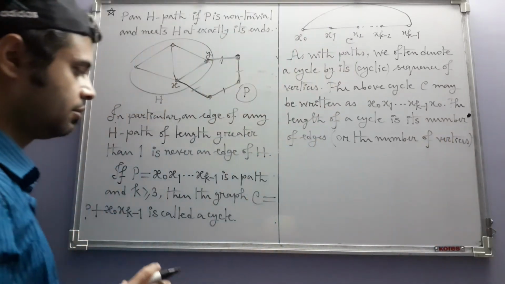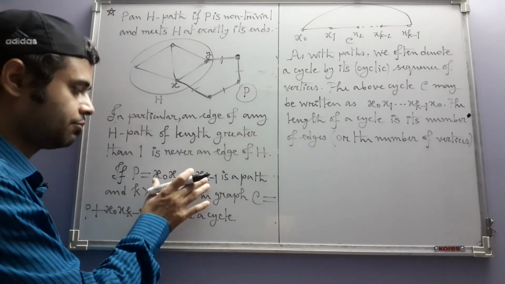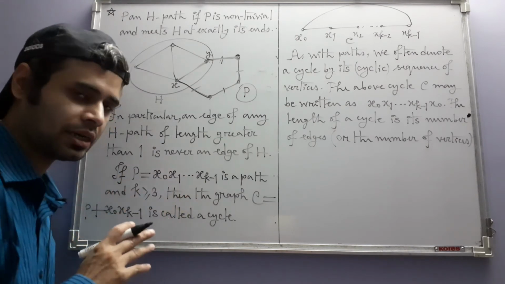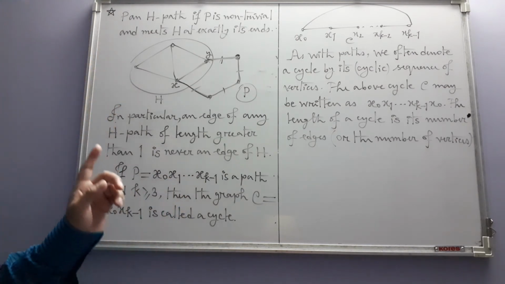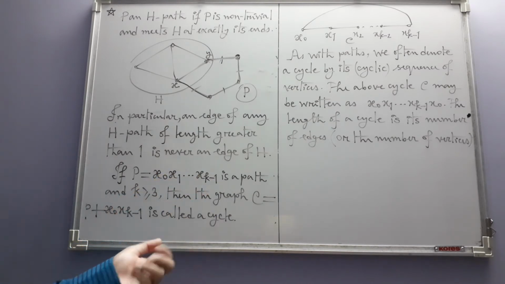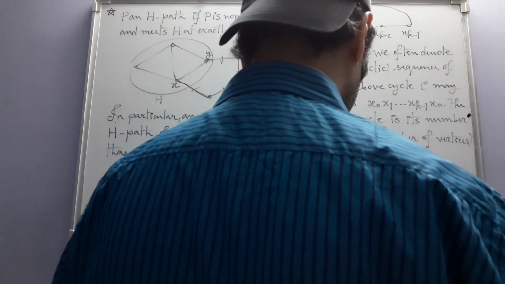Note carefully that while the number of edges of a path is one less than its number of vertices, the number of edges in a cycle becomes equal to the number of vertices in the cycle. That's why we are saying or the number of vertices.